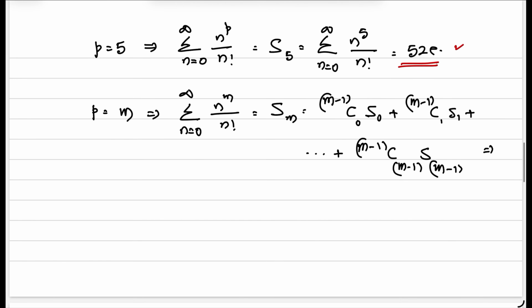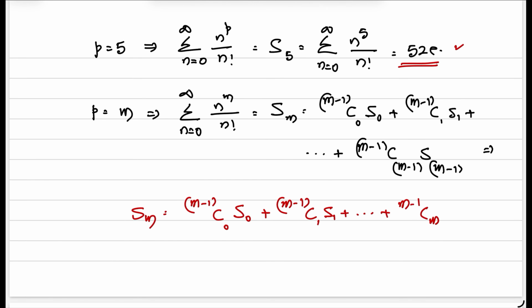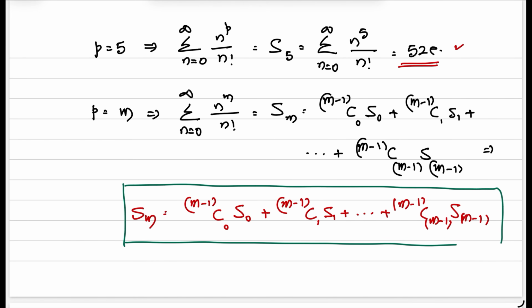This is the standard formula, you please remember it for this type of problem. Please apply this formula and get the value of this series.